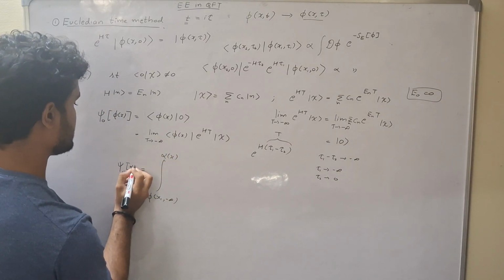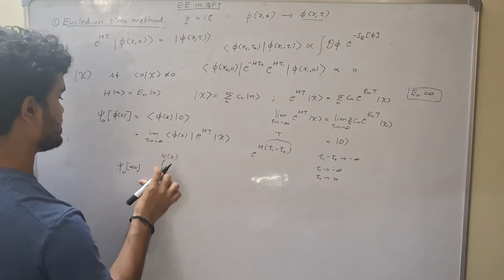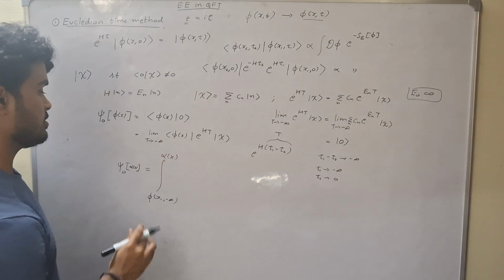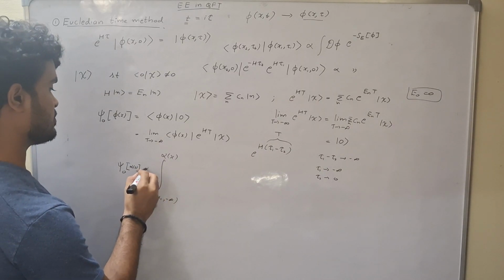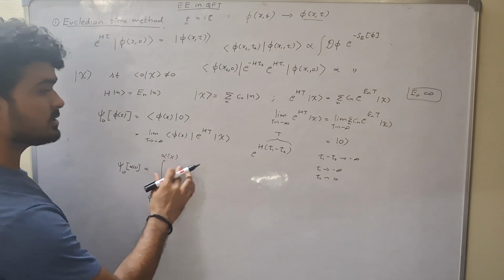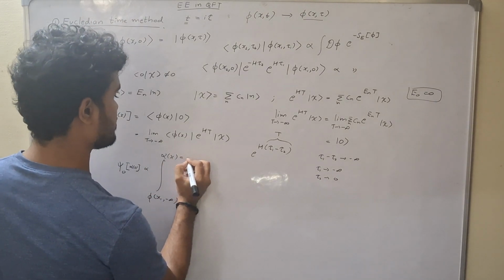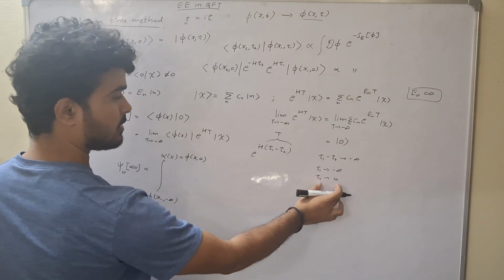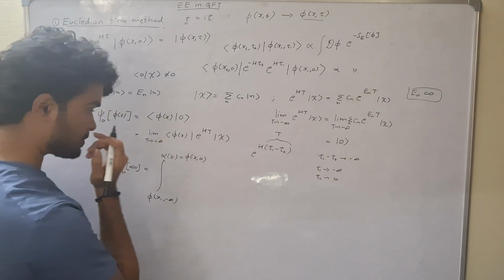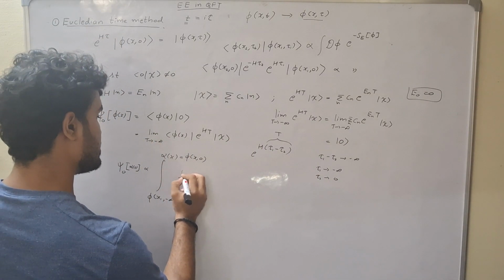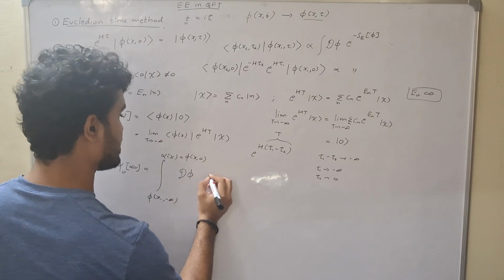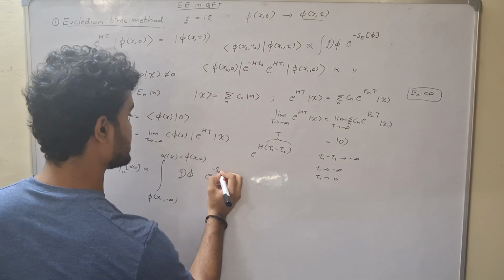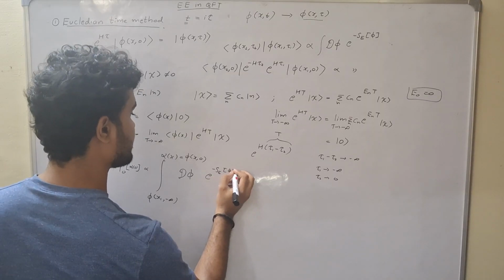So this is a function of alpha x. This is proportional to the integral with phi of x at 0, since tau 2 is 0, and this is a measure D phi, exponential minus S Euclidean of phi.